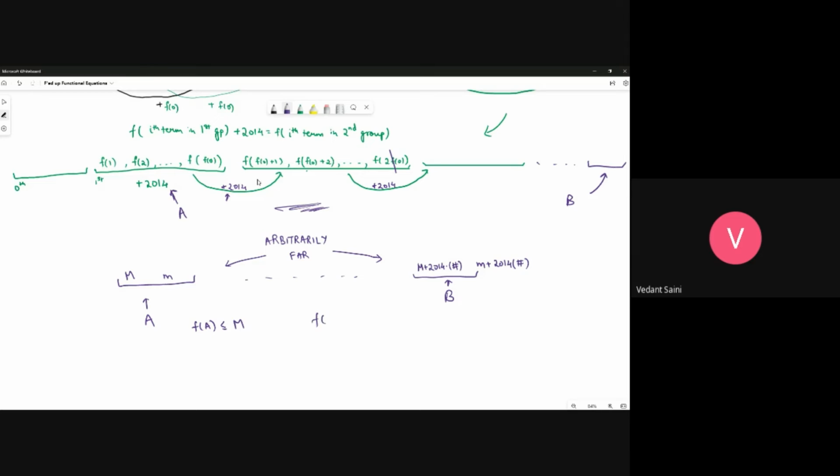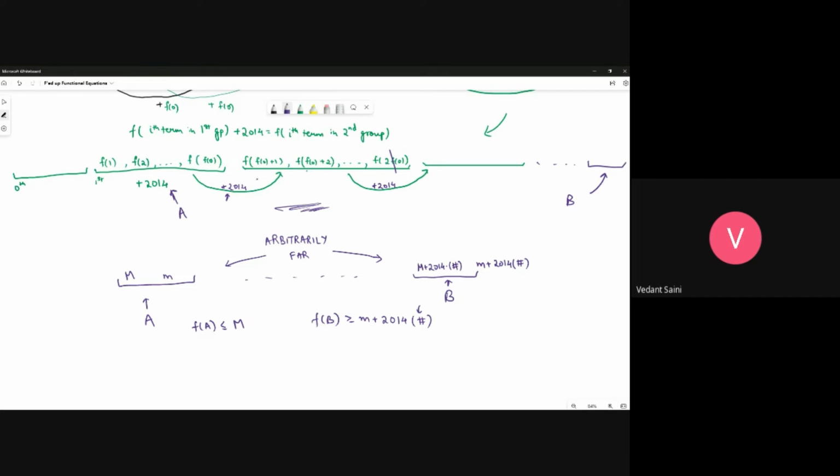Now we have f of b is greater than or equal to the minimum value in its group, with this hashtag arbitrarily large because the groups are arbitrarily far.